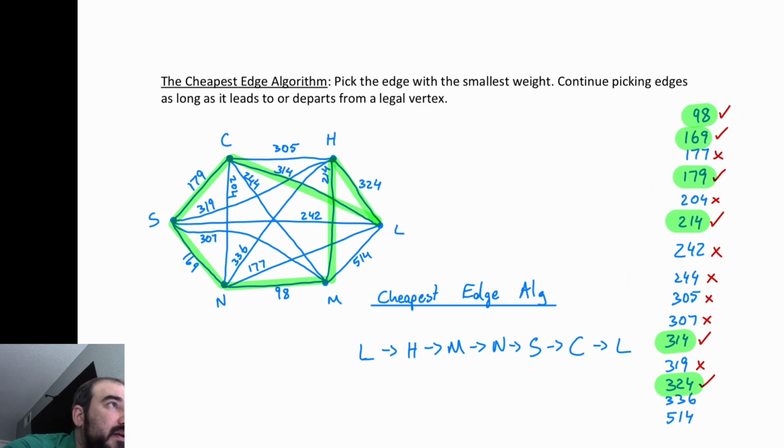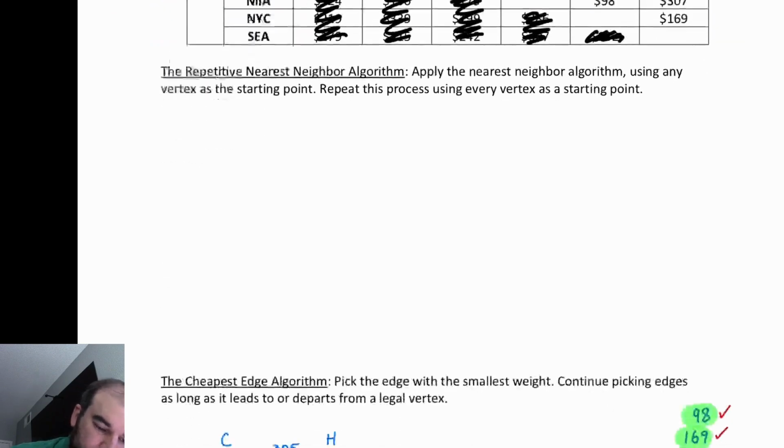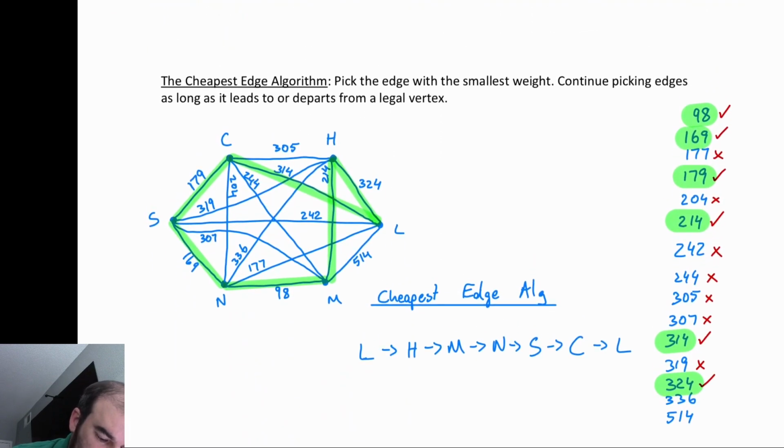we get 98 plus 169 plus 179 plus 214 plus 314 plus 324. Interesting. Then we got a bigger one here.